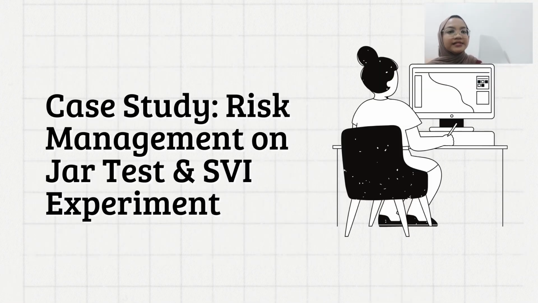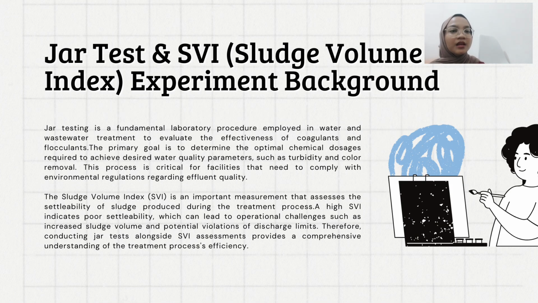So, next is the case study, risk management on jar test and SVI experiment. Jar test and SVI, or sludge volume index, experiment background. The first one is jar testing, a fundamental laboratory procedure employed in water and wastewater treatment to evaluate the effectiveness of coagulants and flocculants.